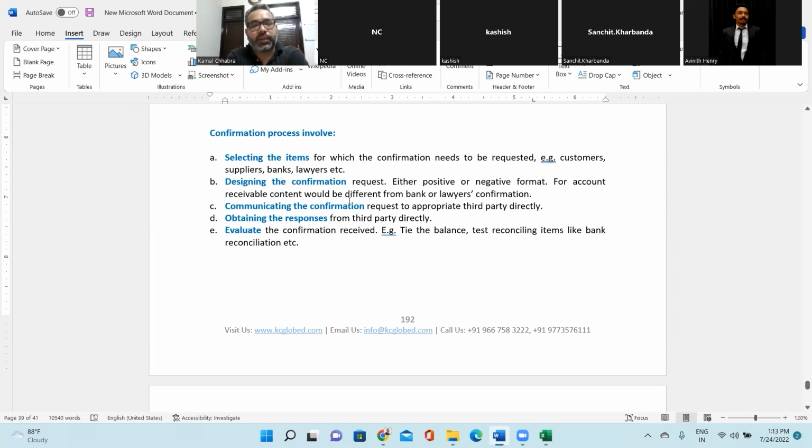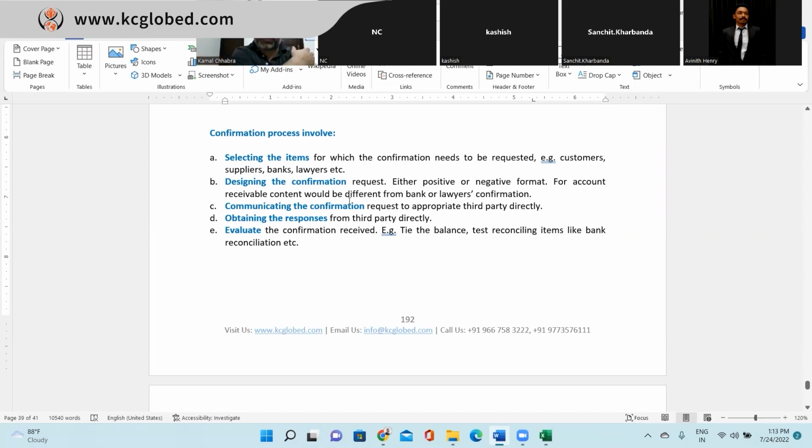For litigation, claims and assessments, that is a different letter. For the customer, you are requesting balance confirmation. For the banker, you might be requesting confirmation of bank balances, FDs, recurring deposits, investments, or borrowings. So each request is a different template. First is identification of the sample, second is designing the request letter.